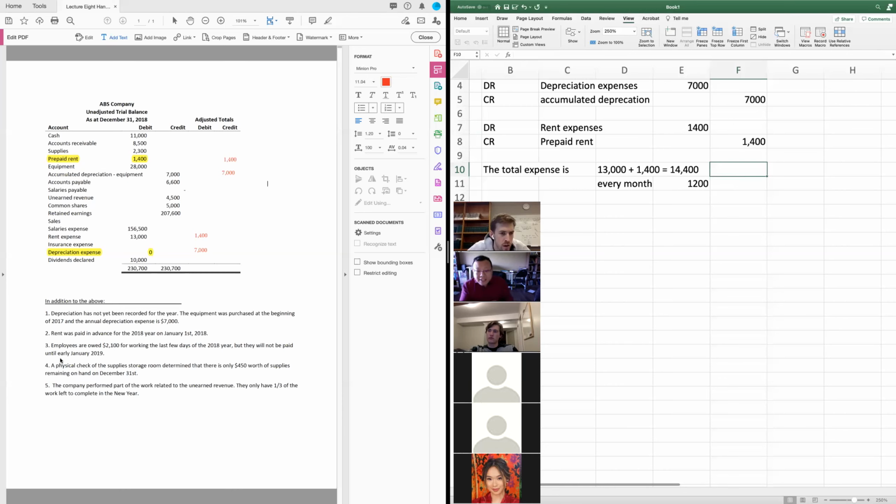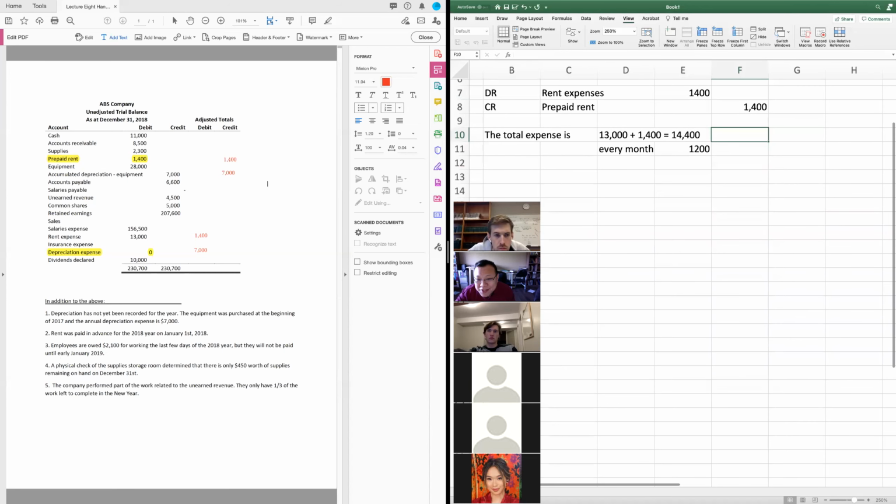As of this date, the company owes some salaries to their employees. They owe $2,100, and they will pay in January next year, 2019. So how should we recognize this one?